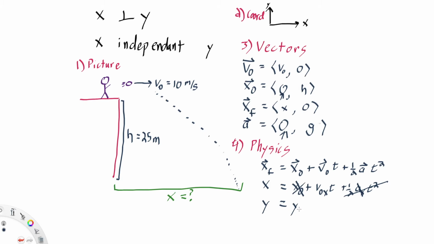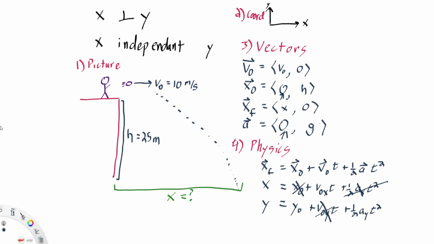In the y direction, we could write down something very similar, where the initial y position is not 0. It's in fact h, the height of the cliff, but the initial velocity is 0.